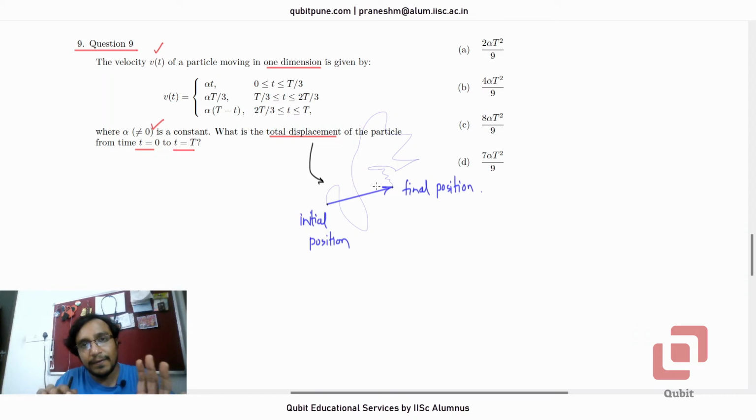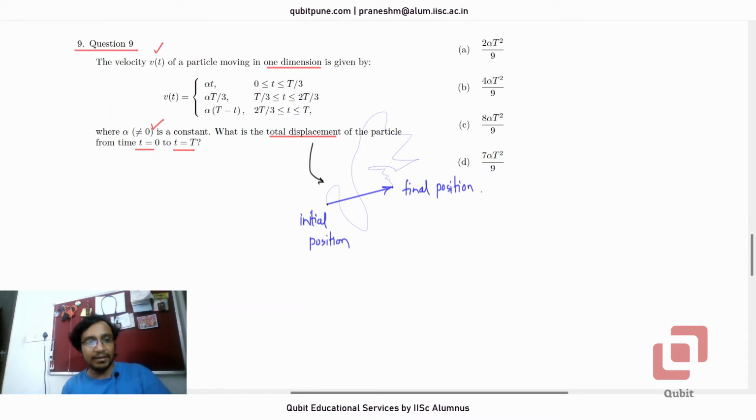But if you observe the velocity profile of the particle, or VT diagram as we call it, then you will see that the velocity never becomes negative. What I want to say is the particle never reverses its direction.